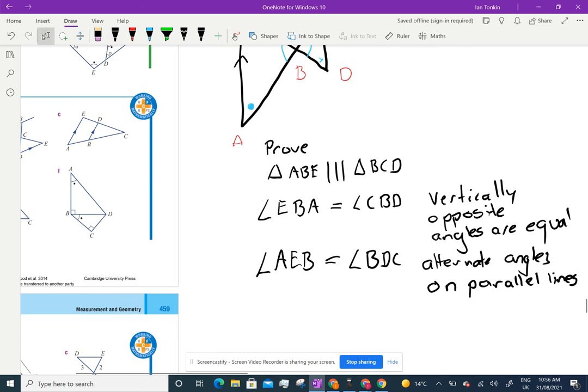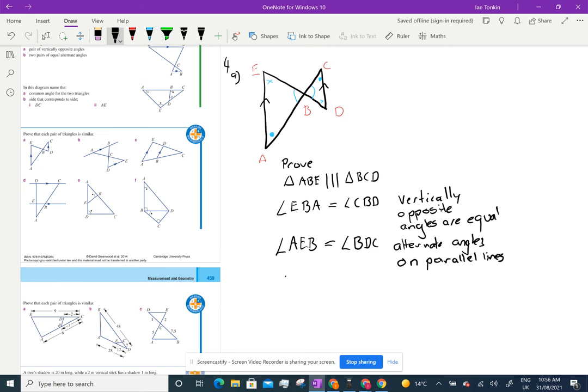And finally, angle EAB equals angle BCD. And you can write similarly here because it's the same rule.